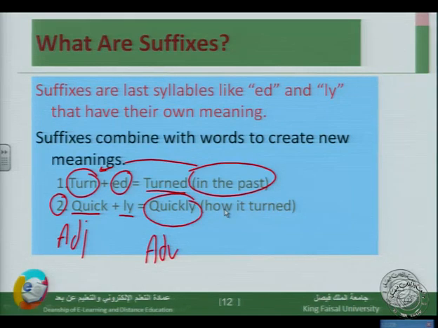So quick, quickly. The adverb always gives us information about how it turned. So we say it turned quickly.